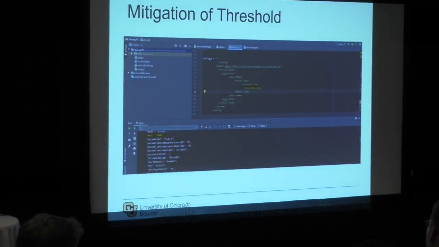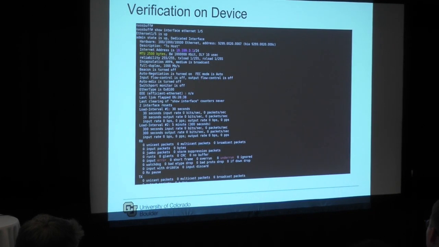To mitigate that, as I mentioned, we used NETCONF, in XML format, with an RPC call pushing an MTU size of 2500 on the Nexus device. After configuring that, we checked on the Nexus device, and it shows that the MTU was changed to 2500.